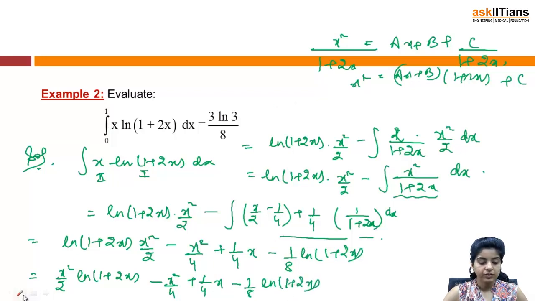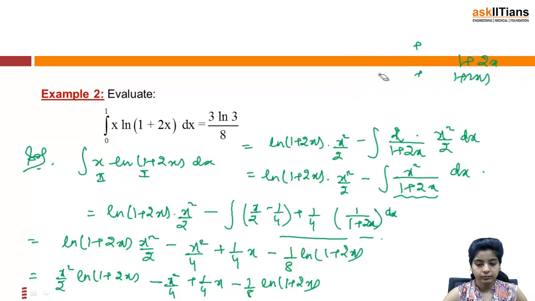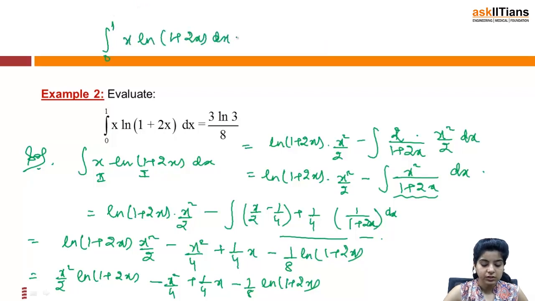So what do we get after this? We have already found the integral, you just need to substitute the limits. So the integral from 0 to 1 of x ln of (1 plus 2x) dx is finally equal to, you can just substitute the limits 0 to 1 in this term, and so what we'll get is 3 ln 3 by 8, and that is what we were required to prove in fact.